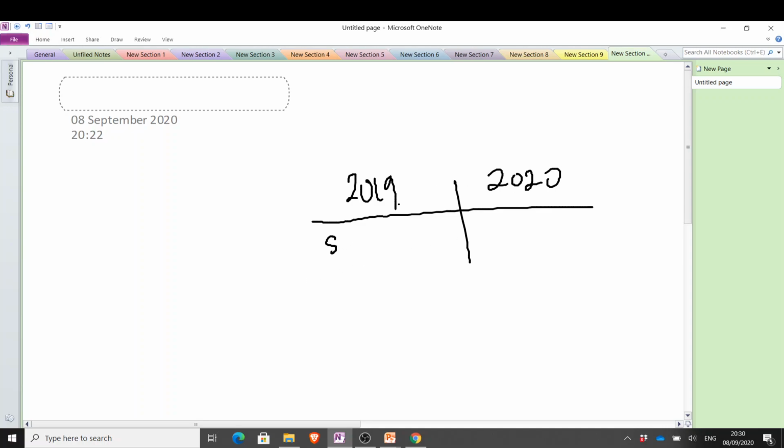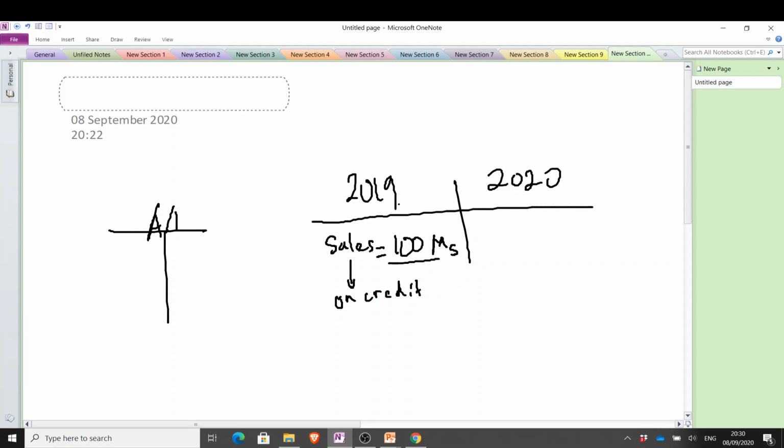In 2019, we have sales of, let's say, 100 million rupees, and all those sales are on credit, so we have our account receivable as much as 100 million.